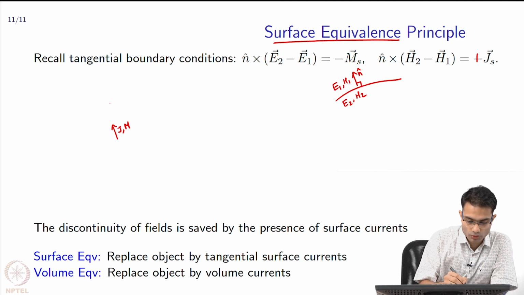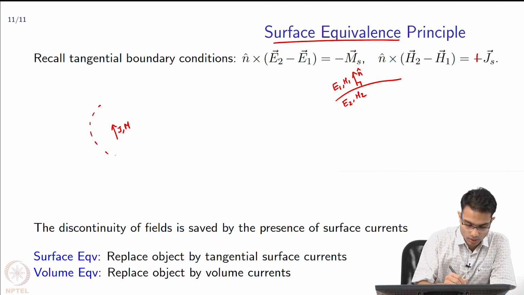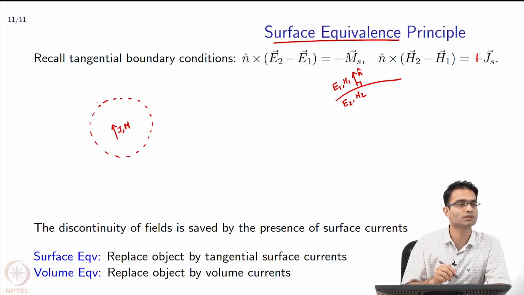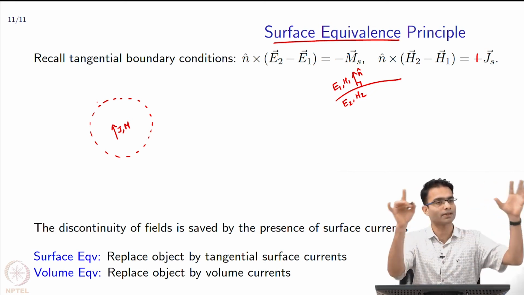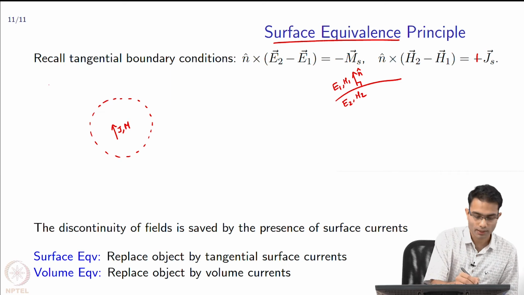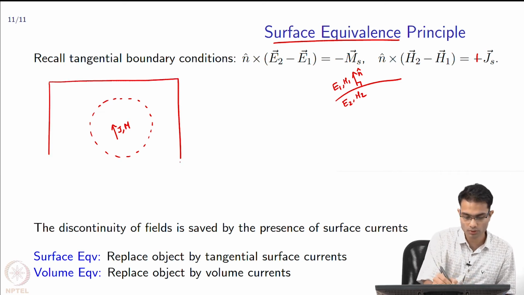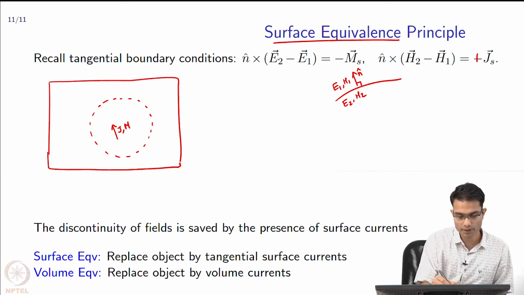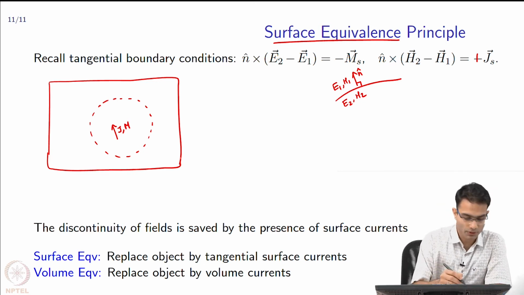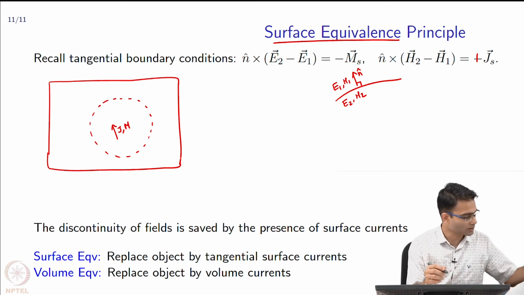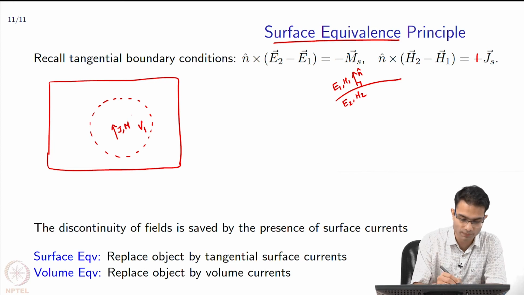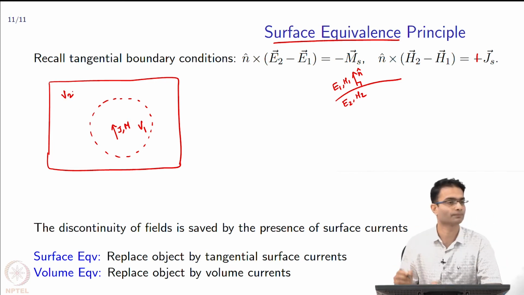Let us take a hypothetical surface. This surface does not actually exist, I have just mathematically drawn a box, and this is the domain that I am interested in. We will call this region 1. Let us call this V1, and let us call this V2.